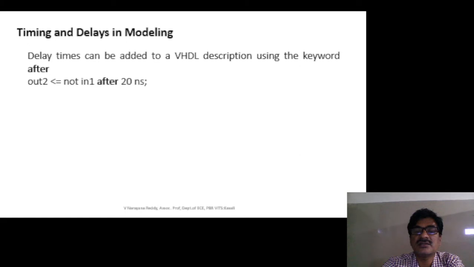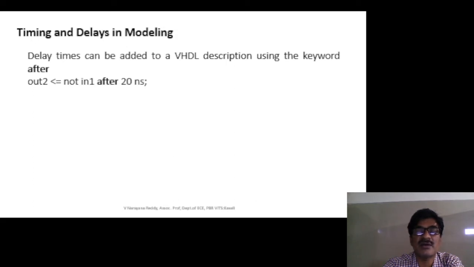Here is one example statement: out2 <= not in1 after 20 ns. Without this after clause, the result is assigned to the object out2 immediately.